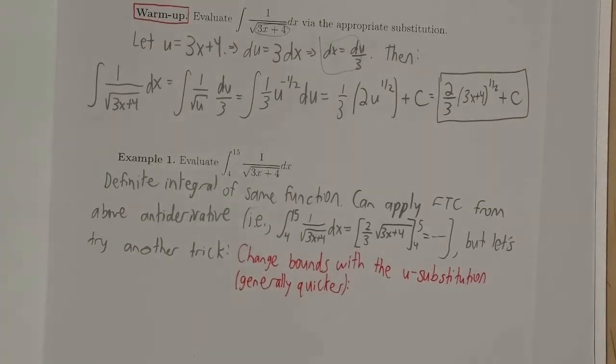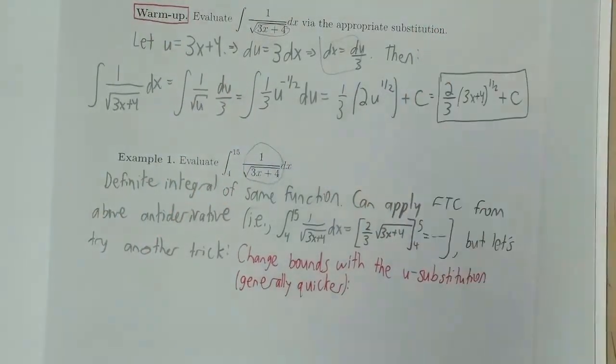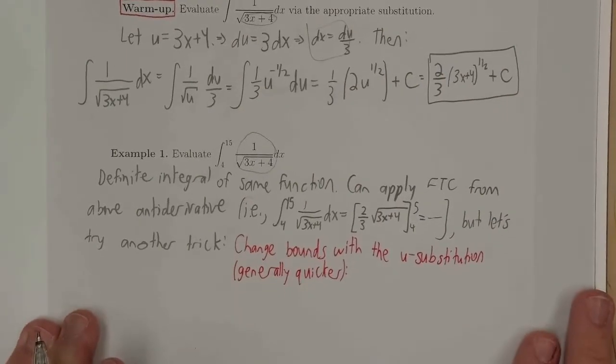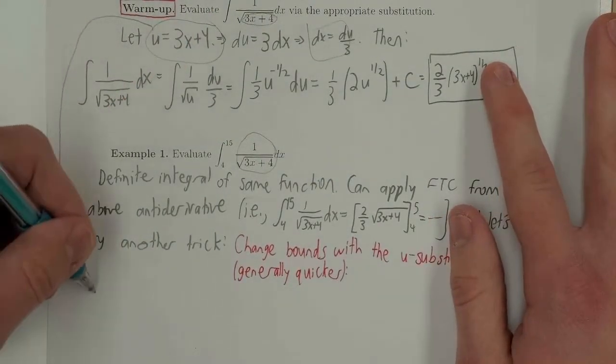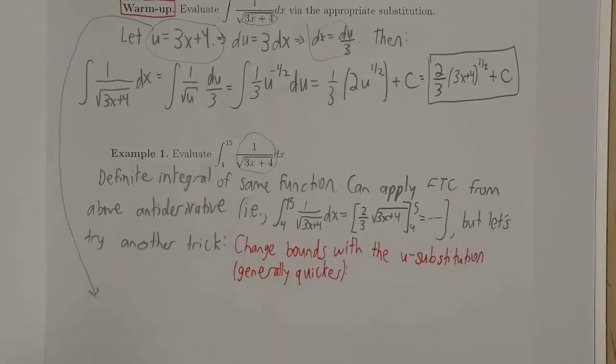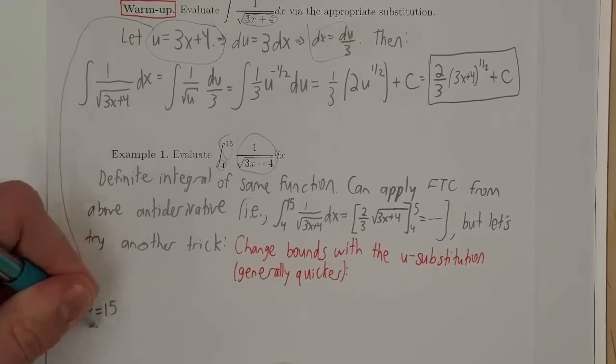Because we're working with the same function here, that should naturally tell you the same U substitution must be applied, right? So, taking that U substitution from up here, let's use this substitution to change these bounds. So we have x equals 15 and x equals 4.